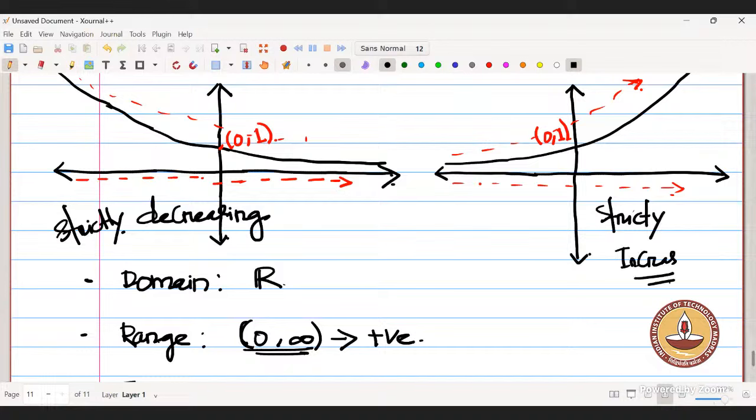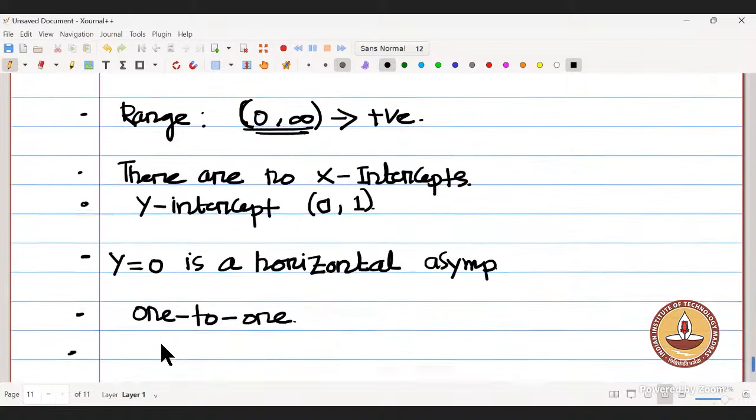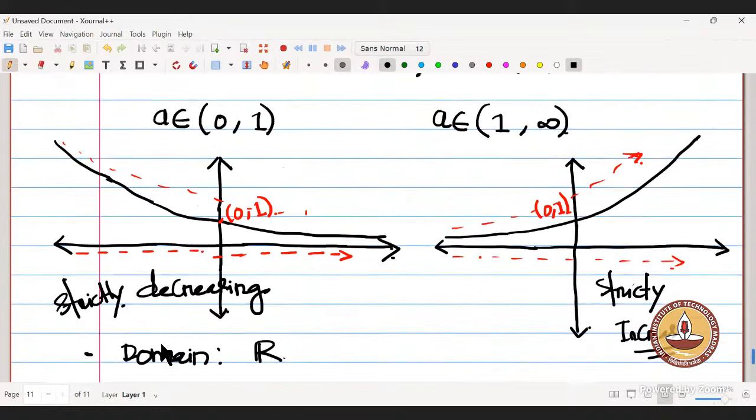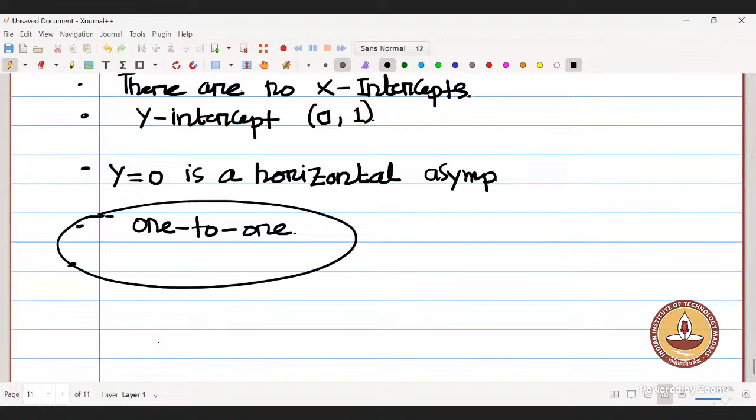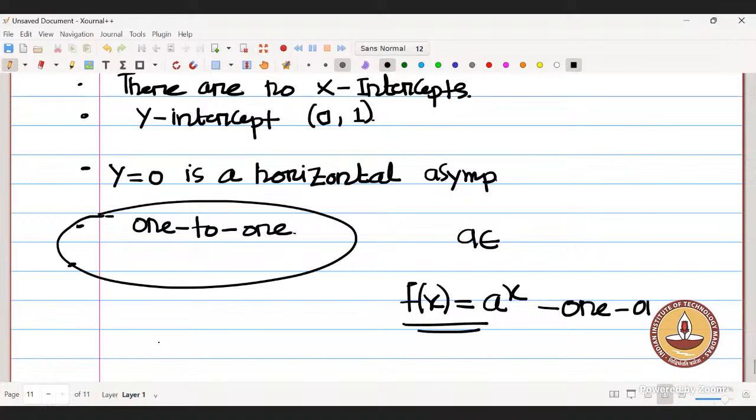So this is more about this exponential function, and as you know, this function is 1 to 1 no matter what the value of a is. Of course, we have two possible cases of a^x. So this function is always 1 to 1, from R to 0 to infinity.